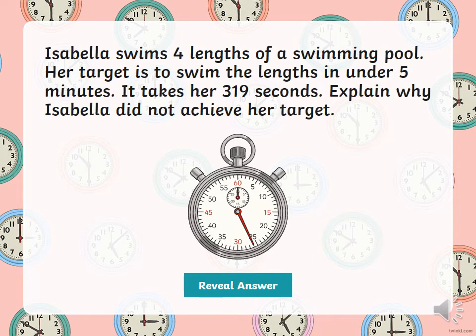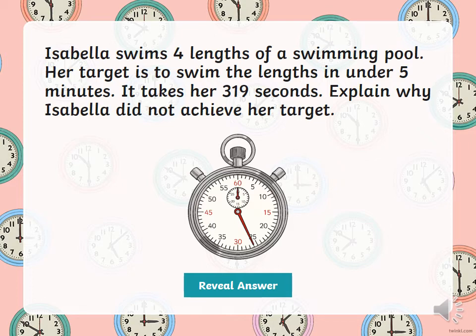Isabella swims 4 lengths of a swimming pool. Her target is to swim the length in under 5 minutes. It takes her 319 seconds. Explain why Isabella did not achieve her target. How many seconds in a minute?